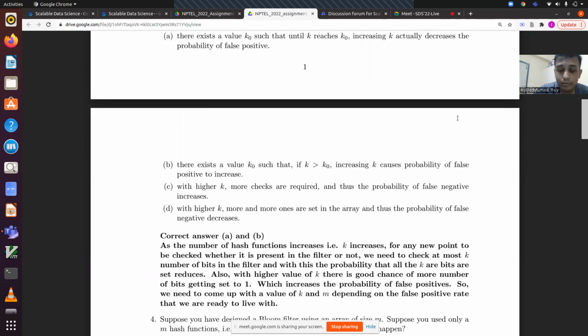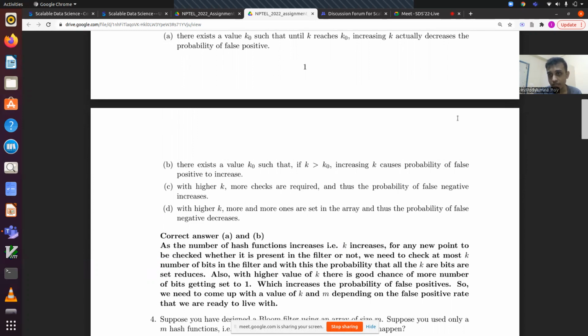Why? Let's say you had only one hash function. Then it's basically only setting one bit.